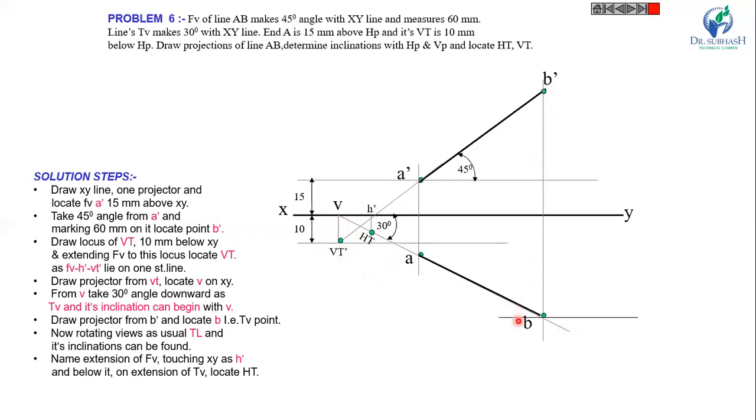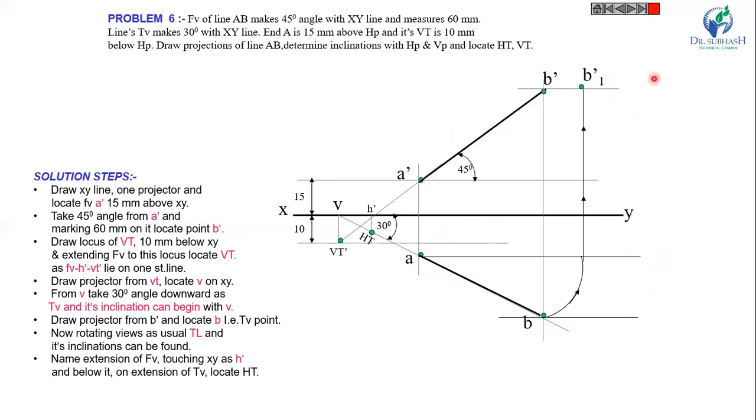Now draw the locus of point B and the locus of point B dash and find the true length as usual. Draw a horizontal line from A, and with A as center and AB as radius, draw an arc in this direction and extend it up to the locus of B dash. So this point is B1 dash.